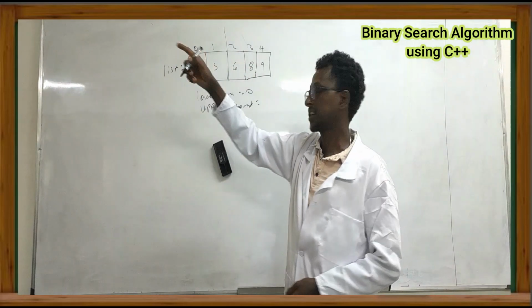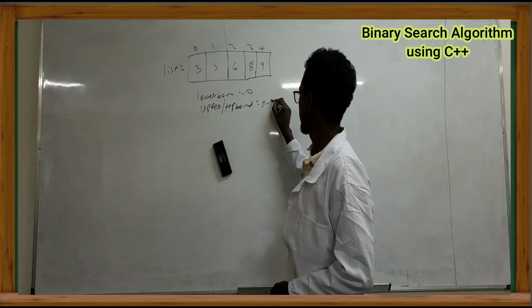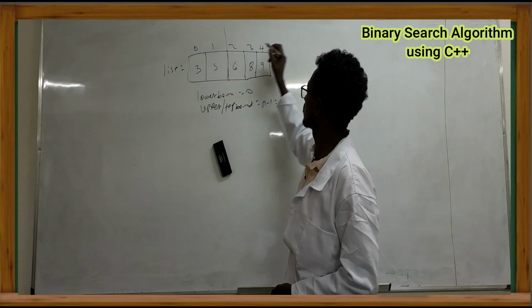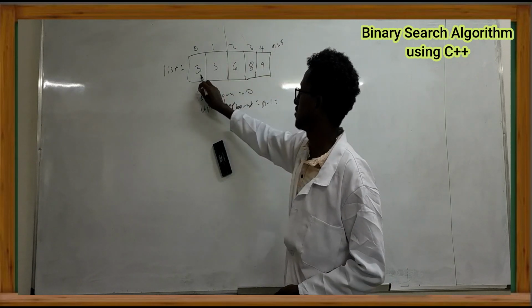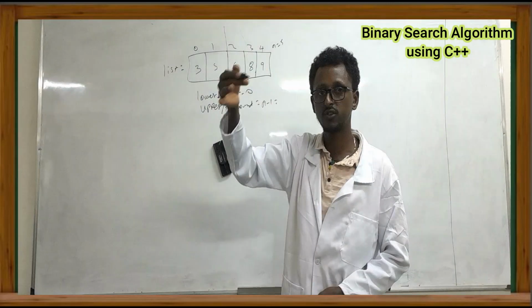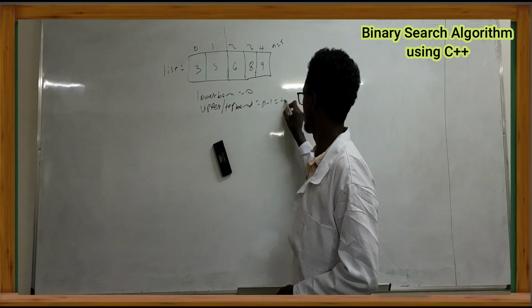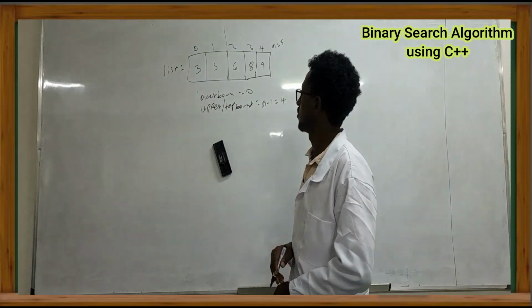In array context the top bound is n minus 1. In our case, n is equal to 5, that means 1, 2, 3, 4, 5 elements. We have 5 elements, so n is equal to 5. So the top bound, n minus 1, is equal to 4.